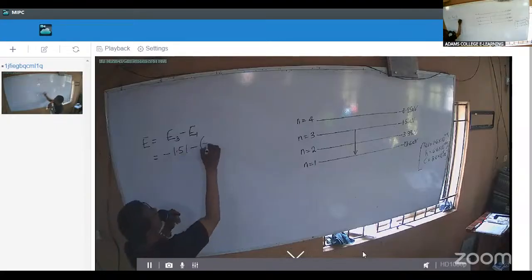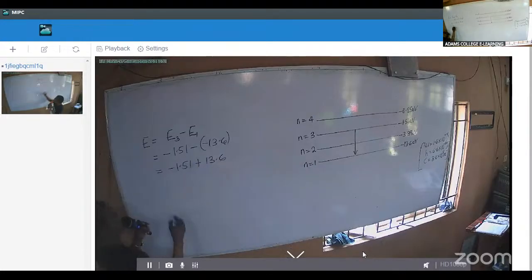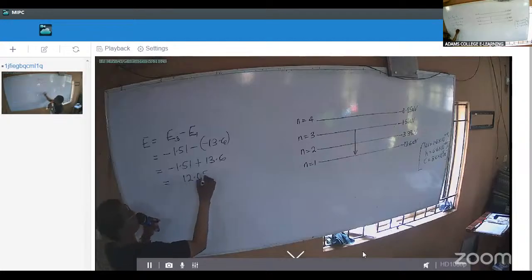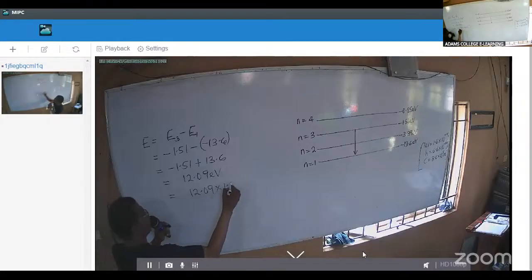Minus 13.6. What is minus times minus? Plus 13.6. So minus 1.51 plus 13.6 is 12.09 eV. Or you convert to joules: 12.09 times 1.6 times 10 to the power minus 19 joules. That's our energy.